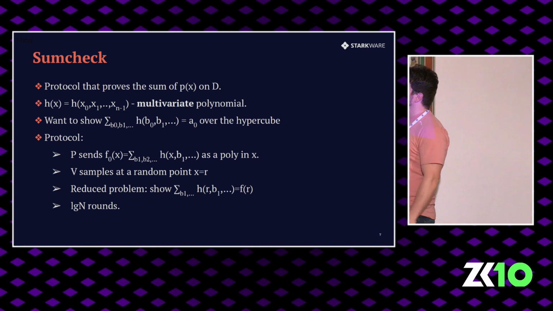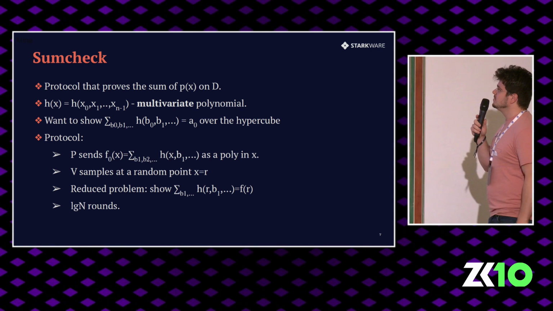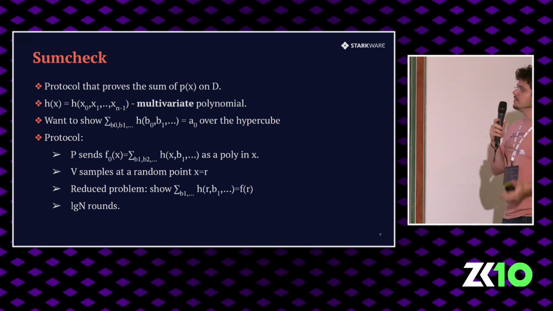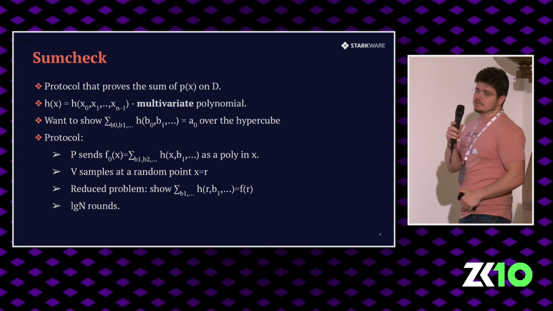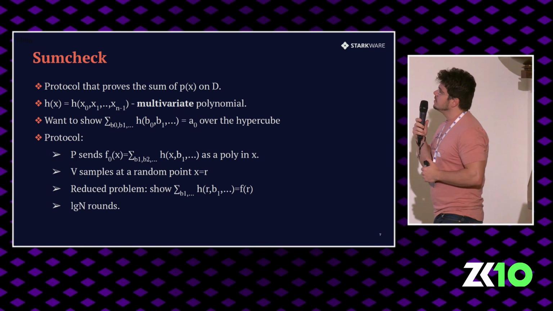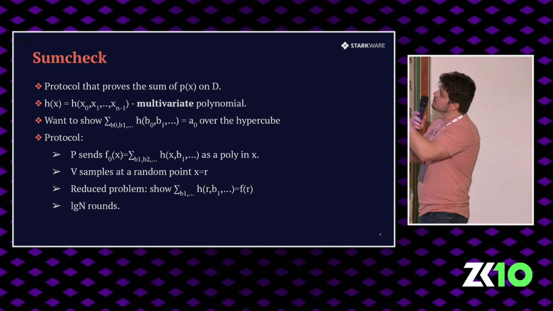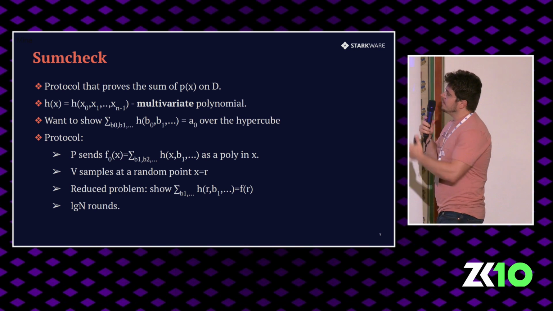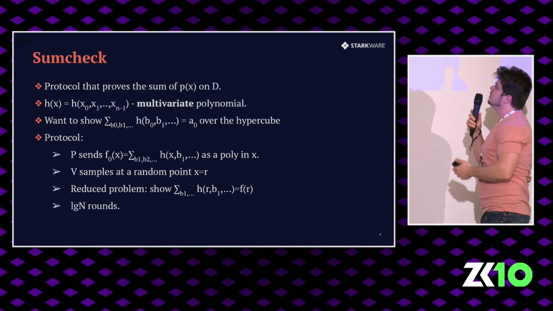Okay, how this protocol works, it's pretty simple. First of all, P sends the value he claims is the sum. This is a0. Now he wants to show that this is indeed the sum, so he computes another sum where instead of summing over the first coordinate b0, he replaces it with a variable x. So he computes this sum below, f0.